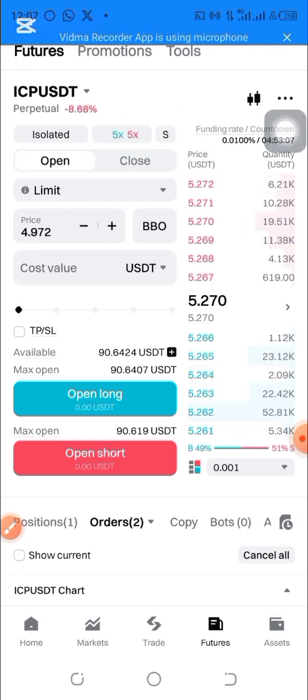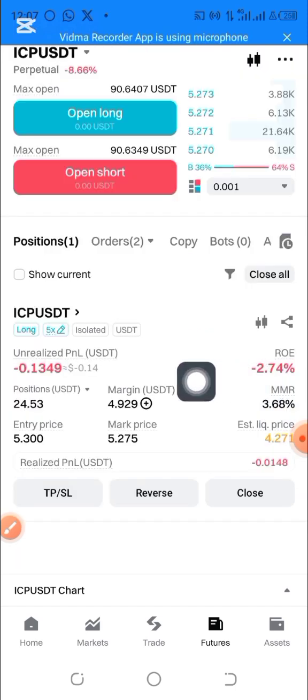Now one good thing about this dollar cost averaging is that once I have entered with my first $5, and let's say the market is not coming down but keeps going up, assuming that I keep making profits on this trade, then I don't have to add to this position again. I will just take my profits along the way without adding my second $5 and my third $5 into this ICP trade, because the market is already going in my predicted direction.